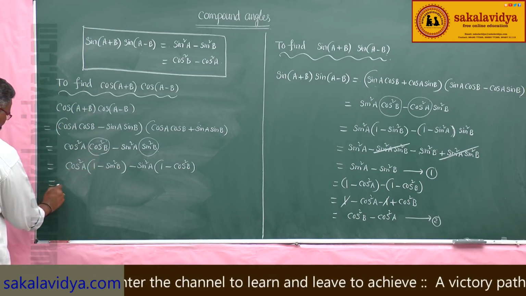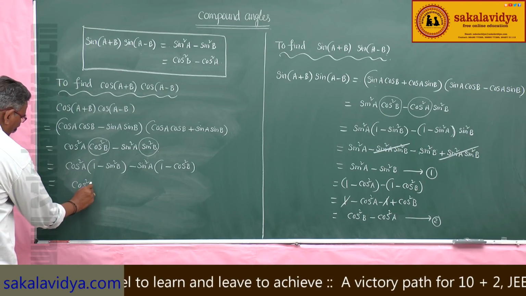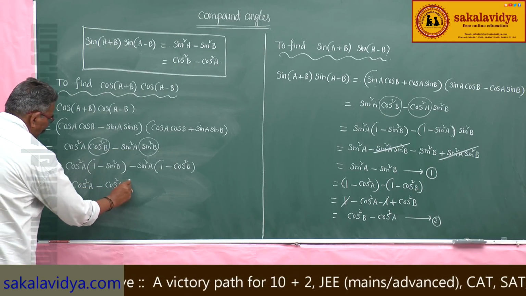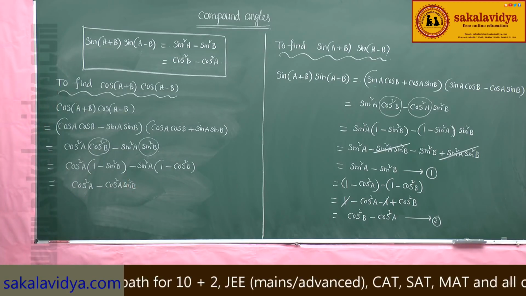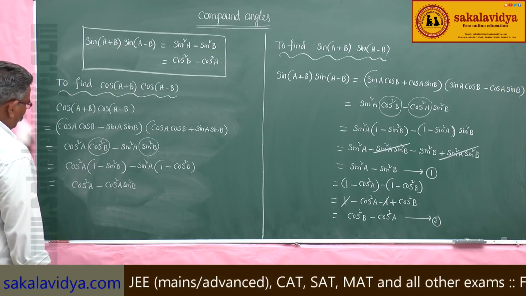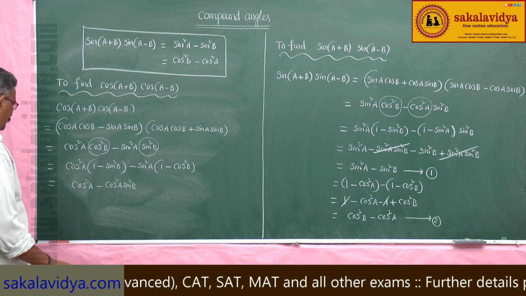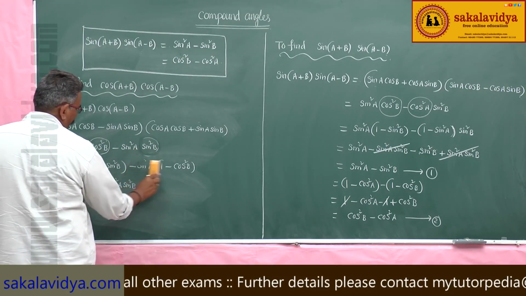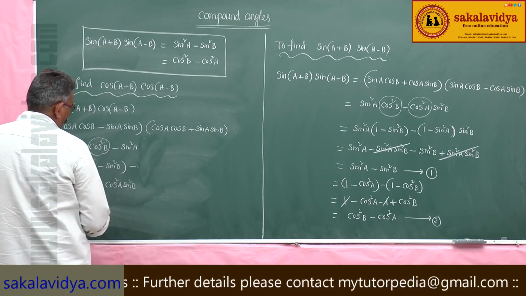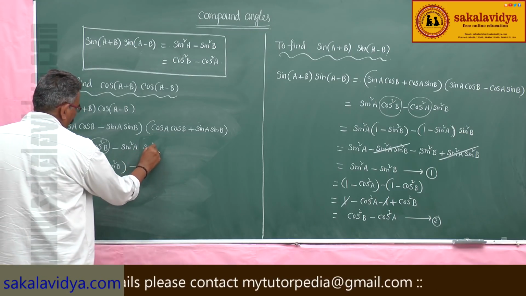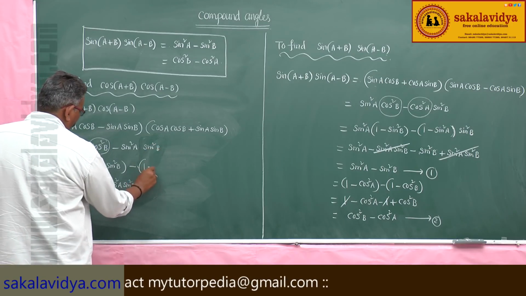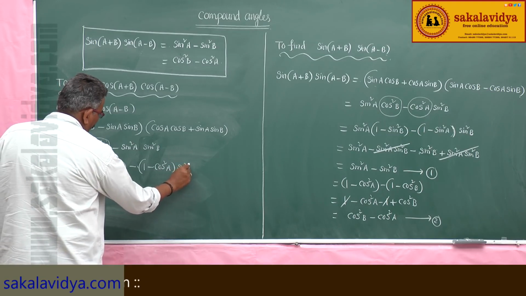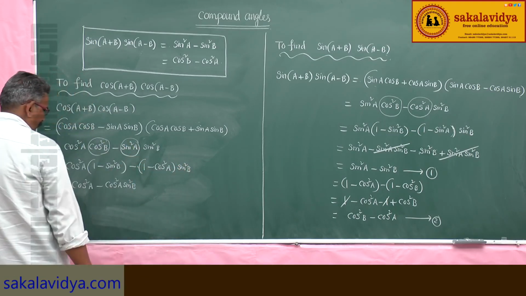Now we get cos square A minus cos square A sin square B. So, better in this case to change sin square A, not sin square B. Change sin square A. This is sin square B, 1 minus cos square A into sin square B. Now what do you get?